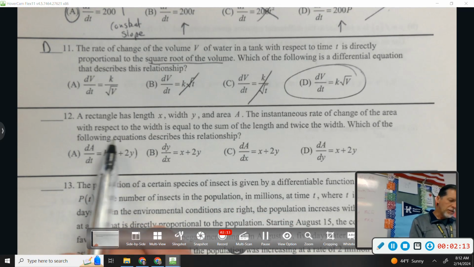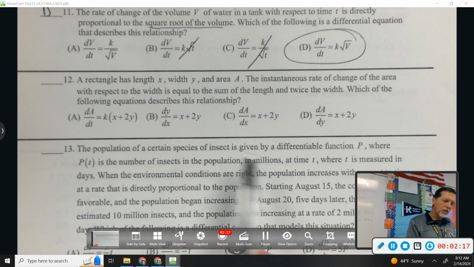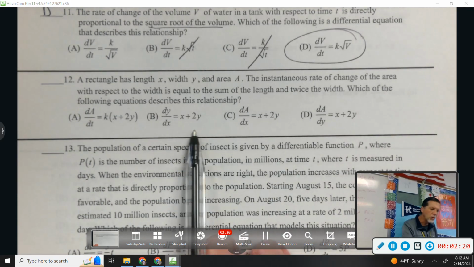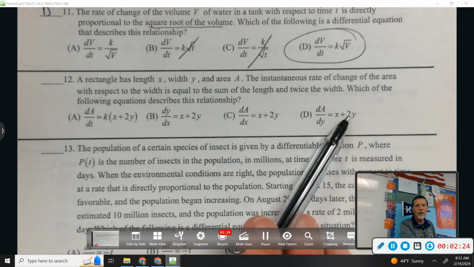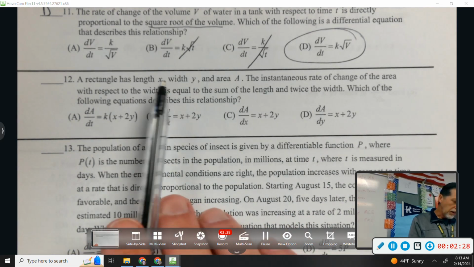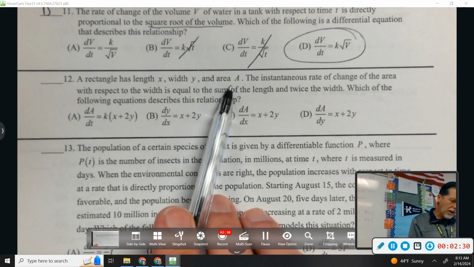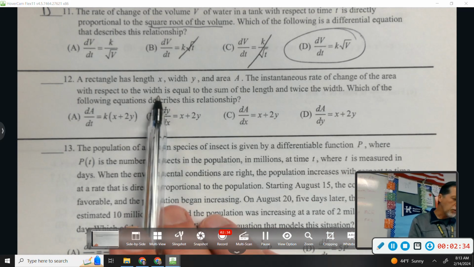Number 12 isn't difficult. You just got to read it carefully and look at your answer choices. They all have x plus 2y, but the derivative things are different. So I got to be real careful about what my derivative is. Rectangle has length x, width y, area A. The instantaneous rate of change of the area with respect to the width.